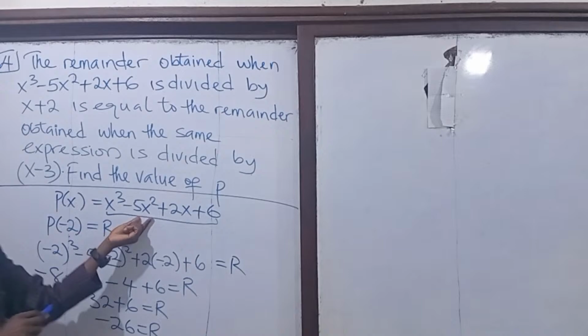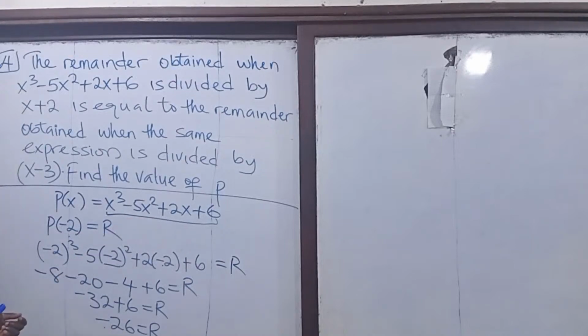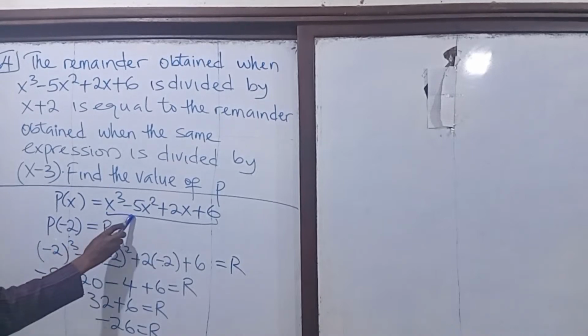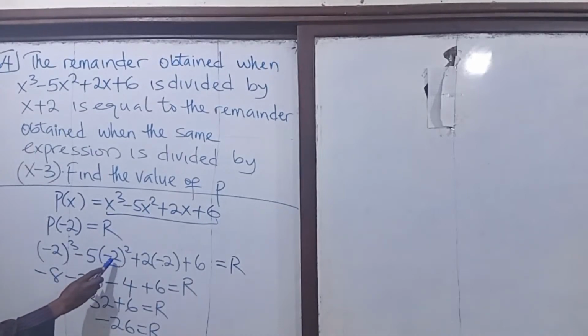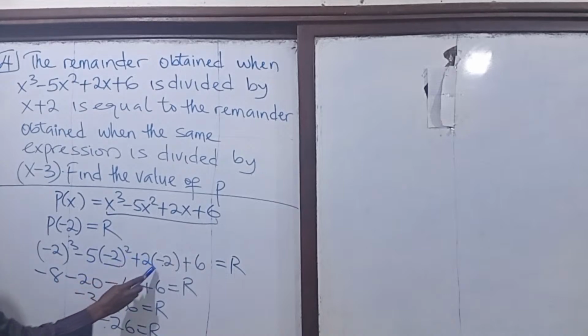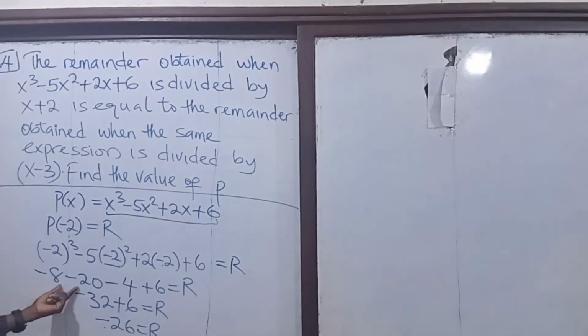Make substitution for that, which is x cubed, minus 2 to the power 3, that's minus 8, minus 5 times x squared, this will be 4 times minus 5, that's minus 20, this will be minus 4 plus 6. Then we can combine, that's minus 28 minus 4 plus 6, that's minus 26. We are told it's equal to the remainder.